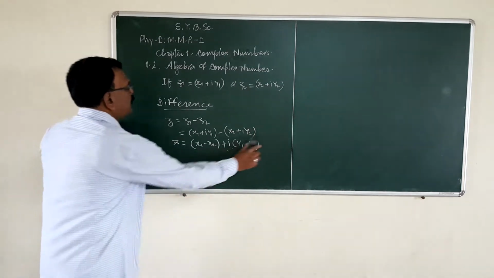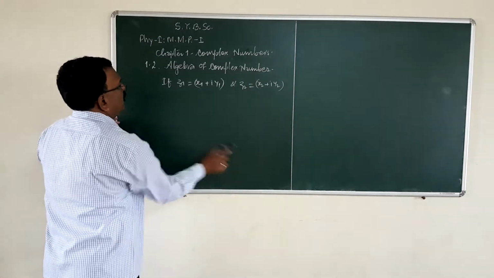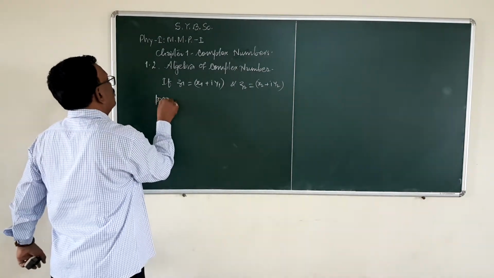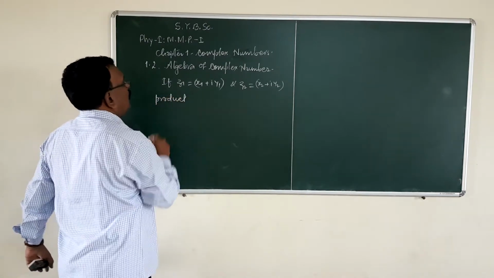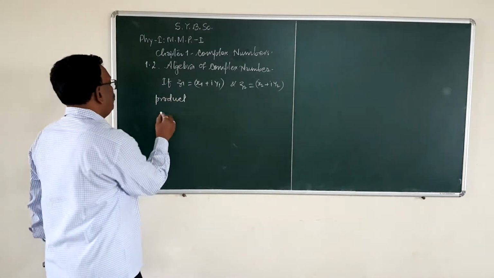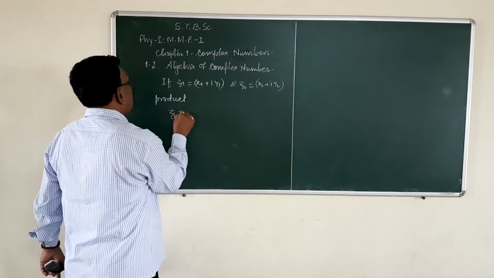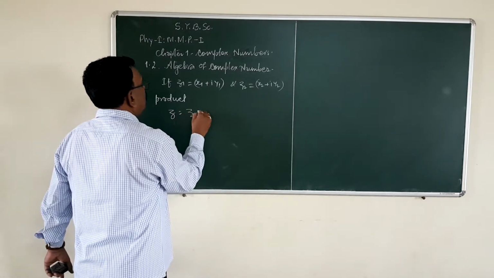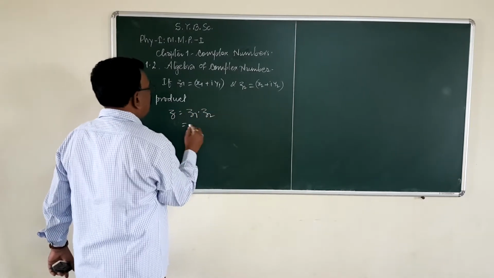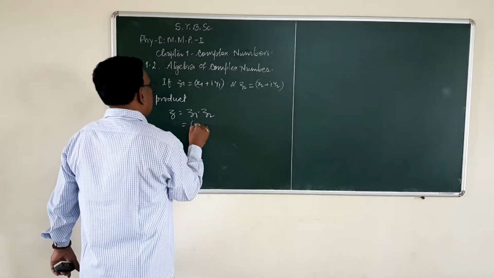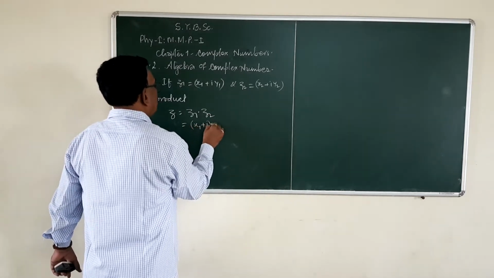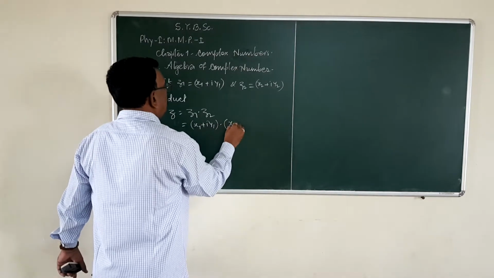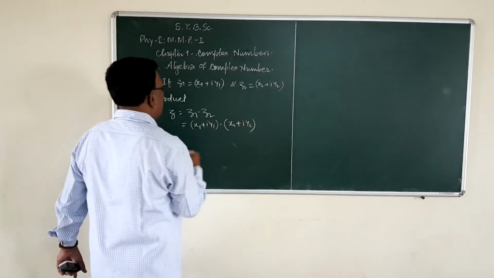Okay, like this there is one more operation, product or multiplication of two complex numbers. Again here we can write z is equal to z1 into z2. Substitute the values of z1 and z2, we get x1 plus iy1 into x2 plus iy2.